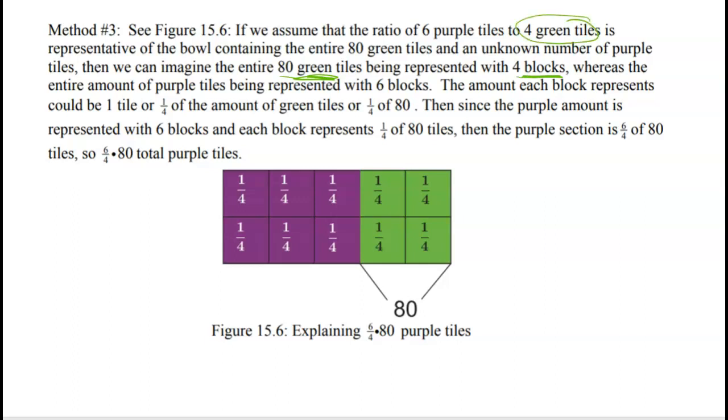Whereas the entire purple would be represented in 6 blocks because there are 6 purple. Each block represents 1/4 of the 80 green. Then, since the purple amount is represented with 6 blocks and each block represents 1/4 of the 80, the purple is 6/4 of the 80.